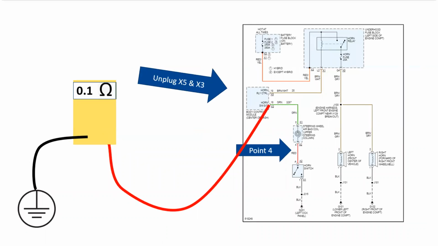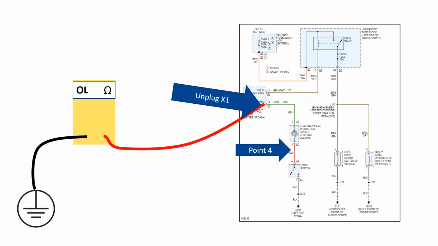But now, with that same terminal unplugged, when I measured pin 18 back to ground, because the short to ground was at point 4, I had a complete path for current to flow. But then what did I do? I unplugged X1 and it went out of limits. So now I knew my short to ground was somewhere between the steering wheel airbag coil and terminal number 4.